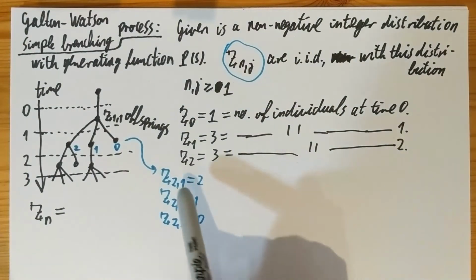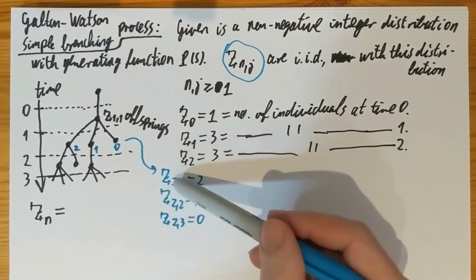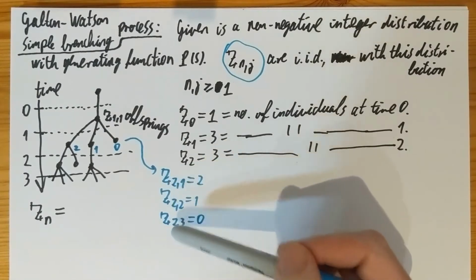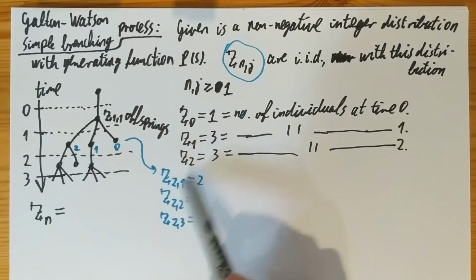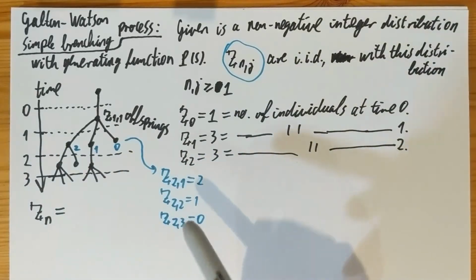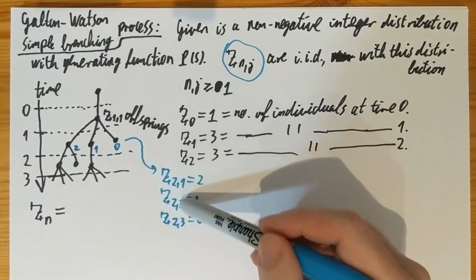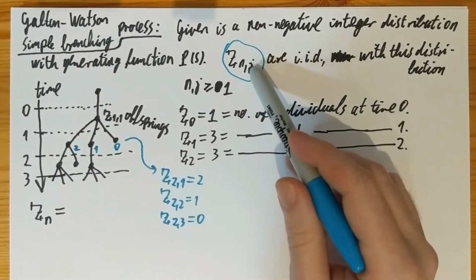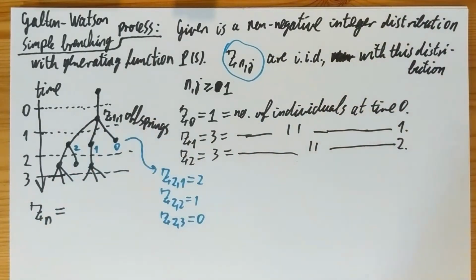And there are two things to notice about these random variables. The first index 2 tells me that we're going up to time 2, so we're using these independent offspring distributions for going up from time 1 to time 2. And I have 3 of these indices, 1, 2, 3 for the second index j, because I had 3 individuals at time 1.